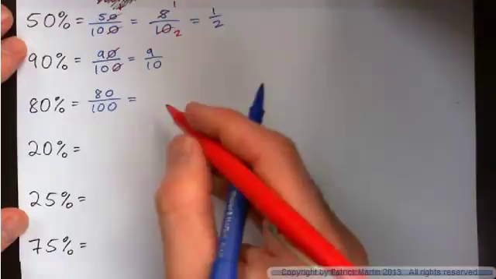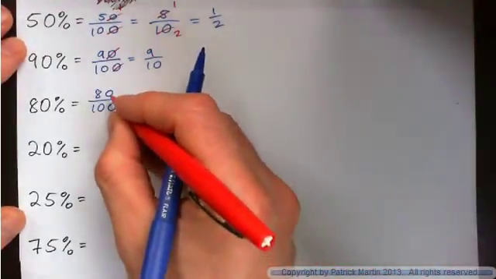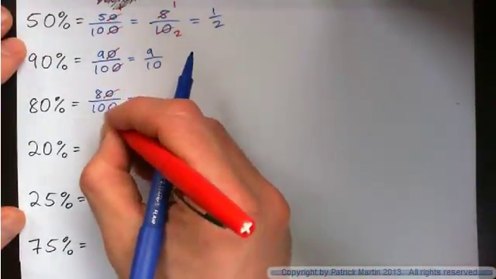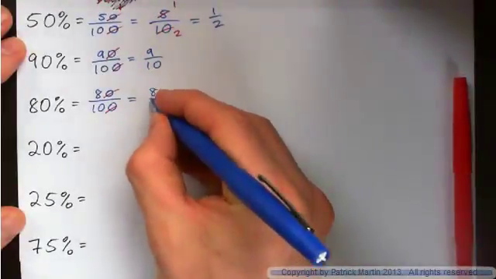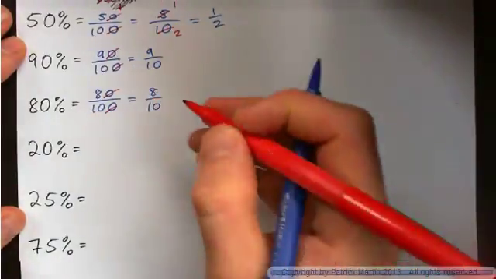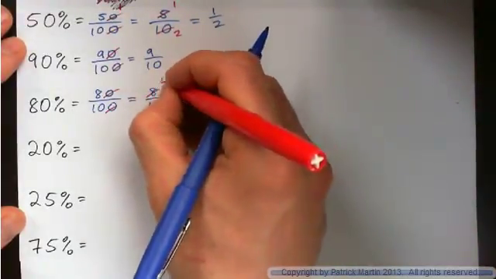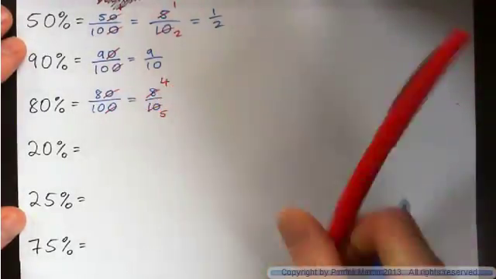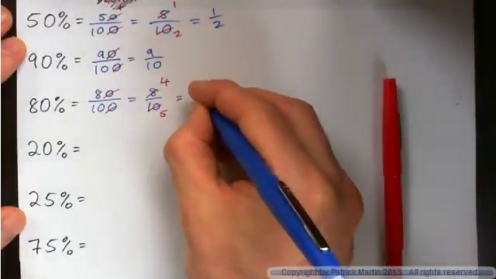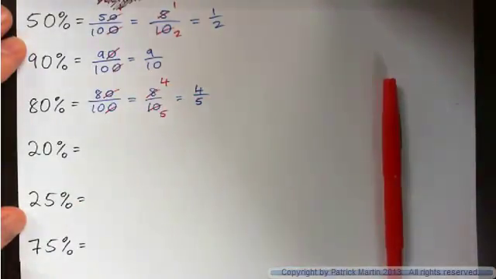Finish off the page and then skip ahead on the video, right? Once again, you can just cross off a couple of zeros. Get 8 over 10. And 2 into 8, 4 times. 2 into 10, 5 times. 4 over 5, right? How about 20%?